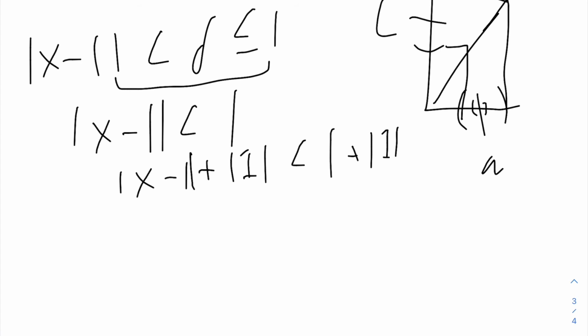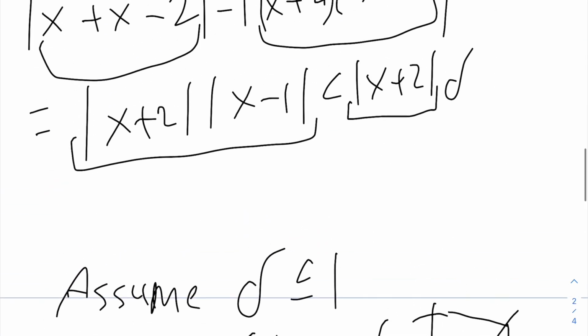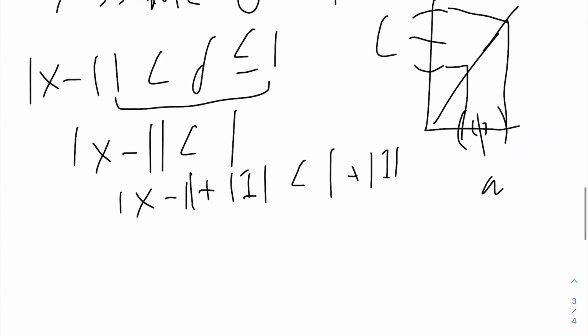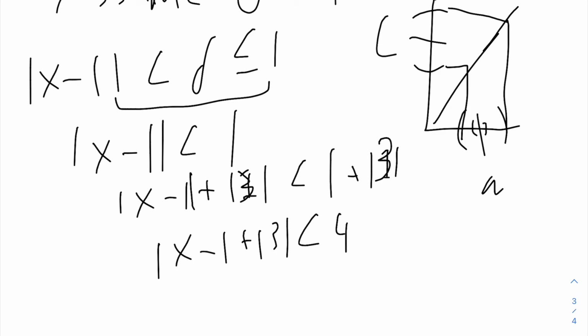Oh sorry, it should actually be 3, and I'll show you why. So x minus 1 plus absolute value of 3 is less than 1 plus absolute value of 3, so then it just goes to 4 is greater than x minus 1 plus absolute value of 3.